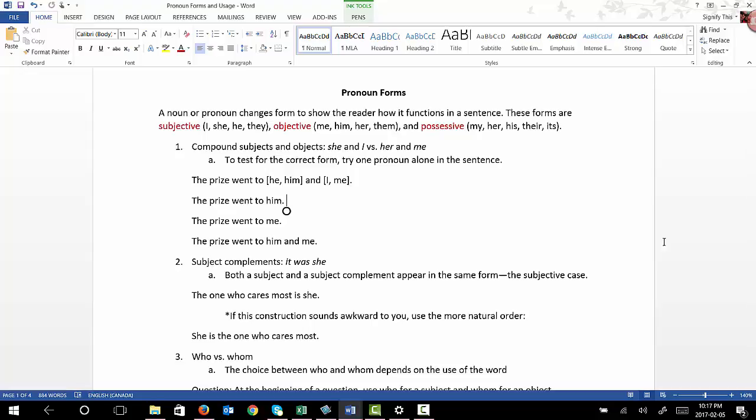A noun or a pronoun changes form to show the reader how it functions in a sentence.